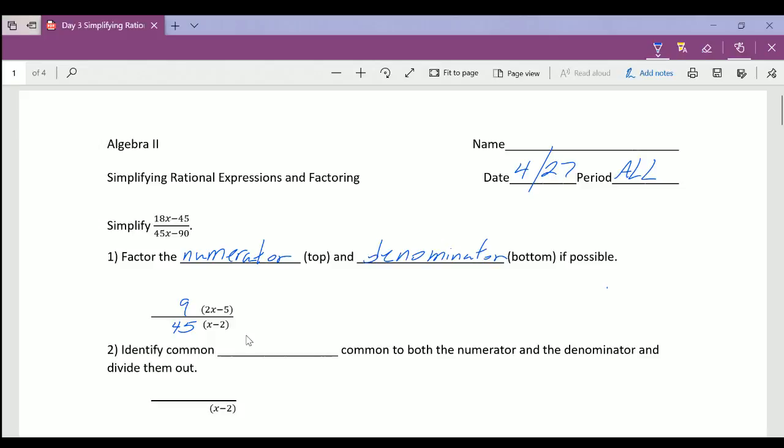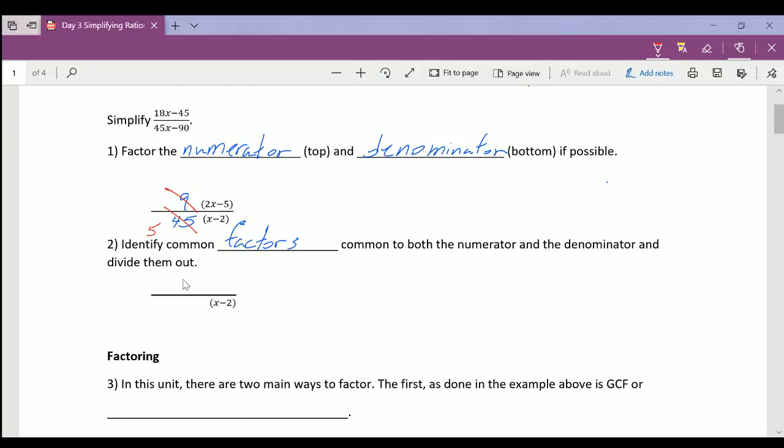Then we want to identify common factors that are common to both the numerator and the denominator, and then divide them out. Okay? In other words, we have a 9 and a 45. 9 does go into 45 5 times.